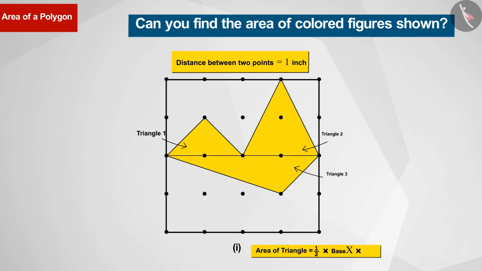Do we know the height and base measurement of triangle 1? From the information given in the question, we know that the distance between 2 points is 1 inch, from which we can say that the height of triangle 1 is 1 inch and the length of the base is 2 inches.